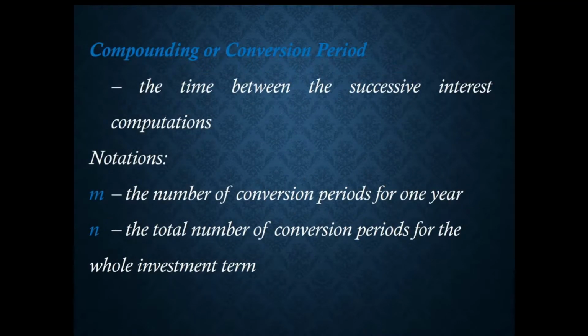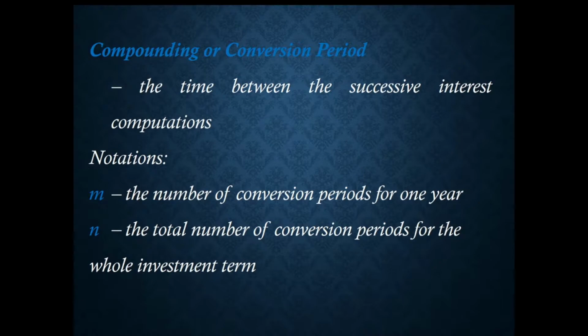Okay, so the different periods wherein the given interest will be compounded to that given principal can be computed through the conversion periods. The conversion period is the time between which successive interests are computed or put into account in terms of, again, the principal and then the compounded amount. We use a few notations to denote and to identify the conversion period.